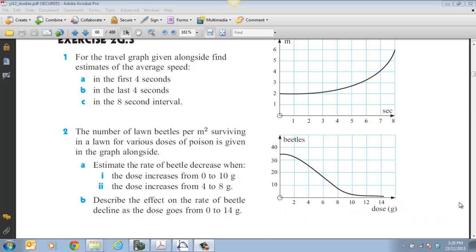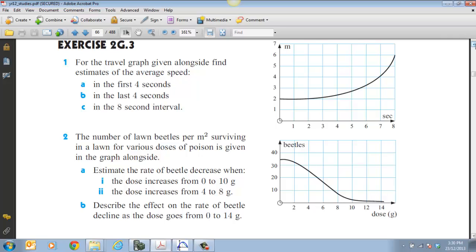I just want to talk through exercise 2G3, the concept of a rate of change. If you're looking at average speed compared to the instantaneous speed, they are quite different. I know you probably have had this discussion in physics last year for those people that did physics, but you could be driving along and your average speed might only be 80, but you might be speeding at 140 at one stage.